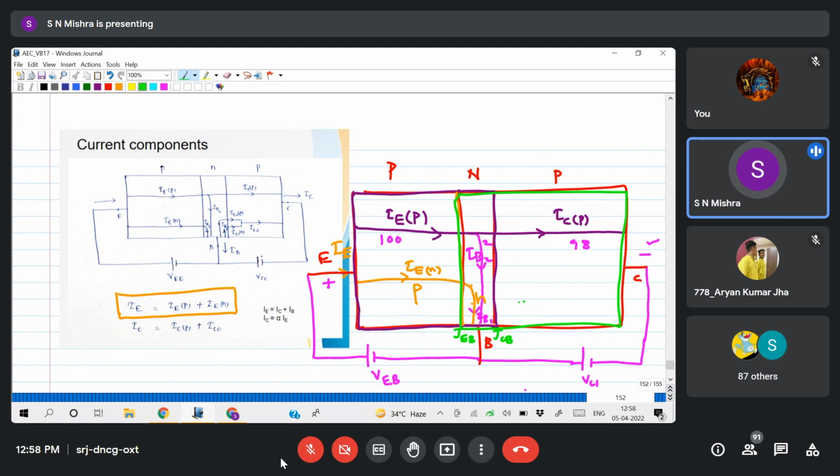Electrons. So electrons can easily flow to base region, and holes in the base side can easily flow to collector side. Understood? Minority carrier as minority carrier. So due to that we'll get some current.